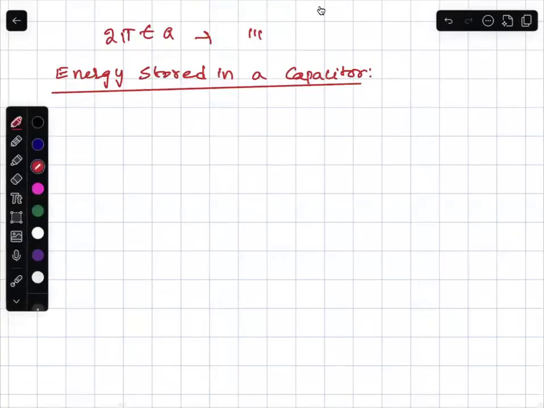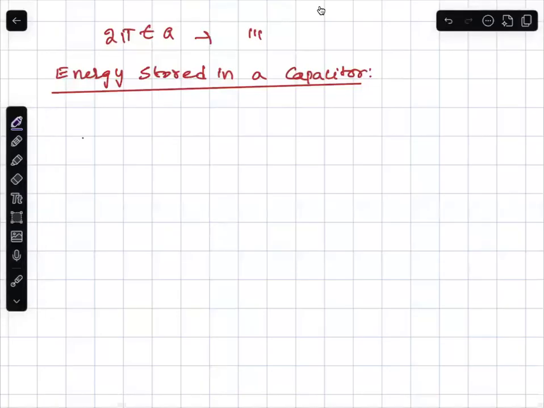In this case, now you have a capacitor and a battery whose EMF is E, and this is capacity C. Now you charge.